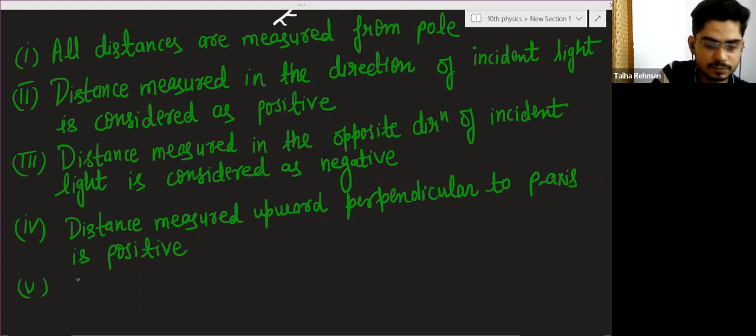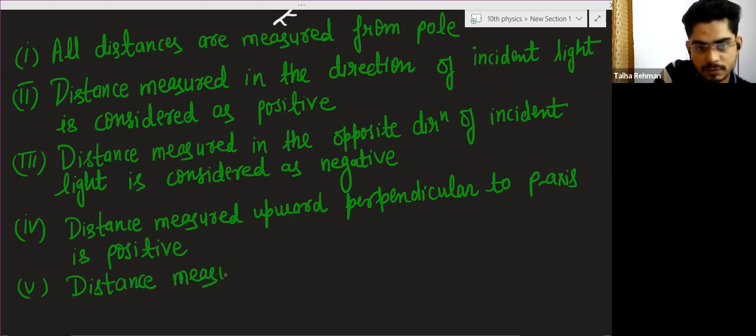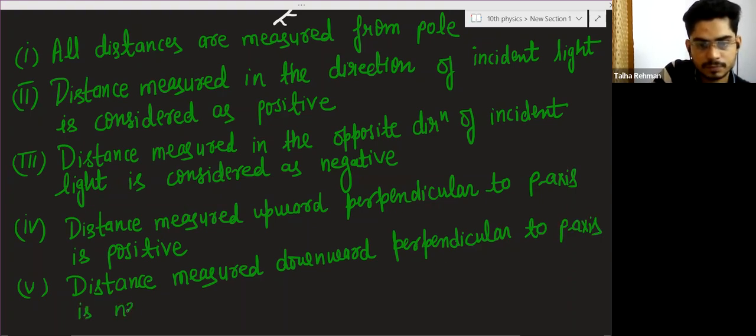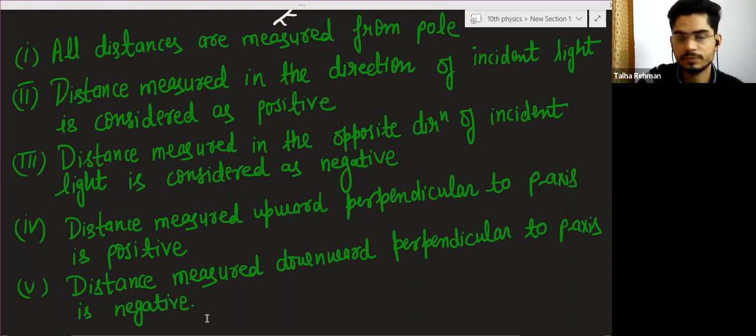Fifth point is distance measured downward perpendicular to the principal axis is negative. These things will be more clear when we will solve the numerical.